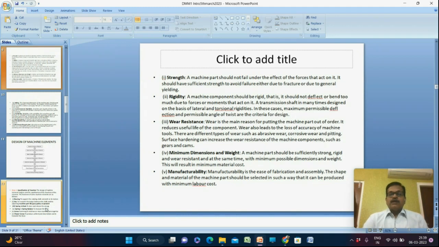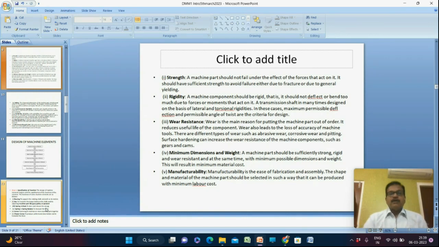So the amount of twist a member can go through due to the application of the force should be minimum. When it is minimum, we call the member rigid. If the member is going through a lot of angle of twist with the application of a simple force, then we call the member less rigid.